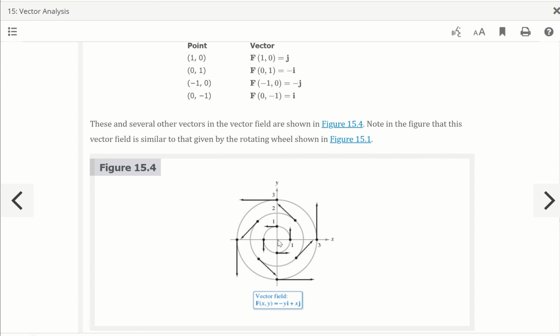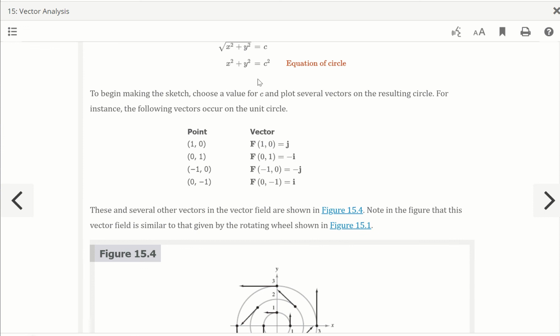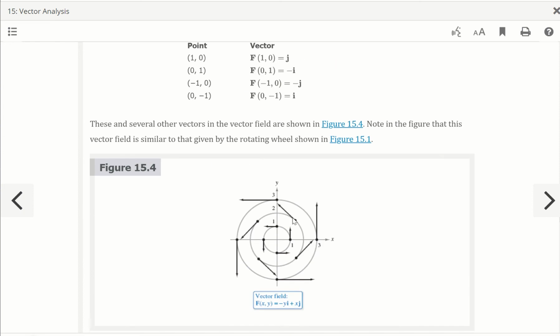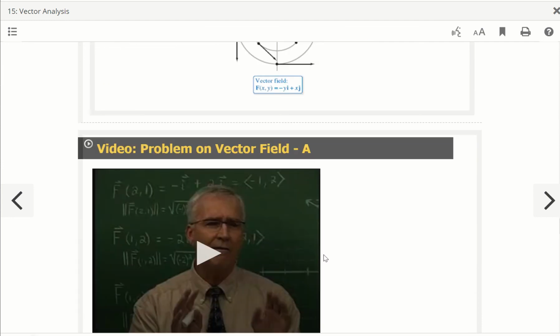We get a vector that points 1 to the right. We could do this for other values. I could look at, for example, the lengths of vectors along a circle of, let's say, radius 2. And you would see that any of those vectors you would pick would all have the same magnitude. Likewise, vectors on the circle of radius 3 would all have the same magnitude.